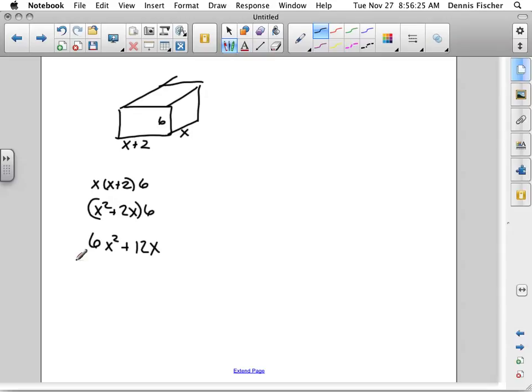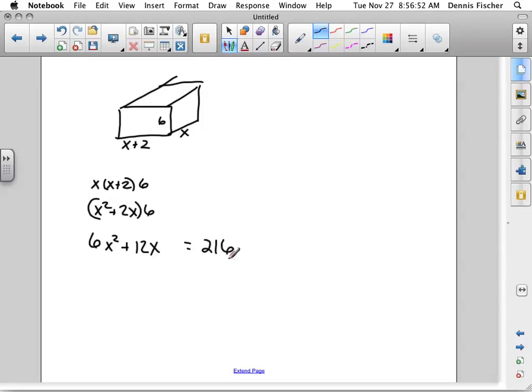Now it has the same volume as a 6 by 6 by 6 cube. So what is the volume of a 6 by 6 by 6 cube? Is it 260? 216? 6 times 6 is 36 times 6 is 216. Length times width times height. So this has the same volume as a cube, and it's 216.